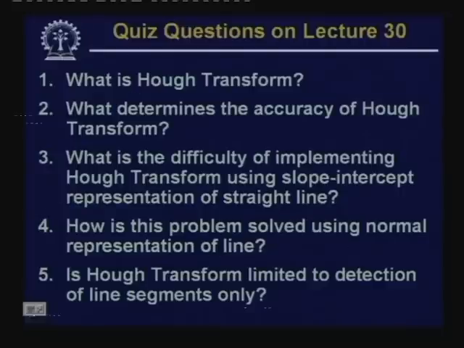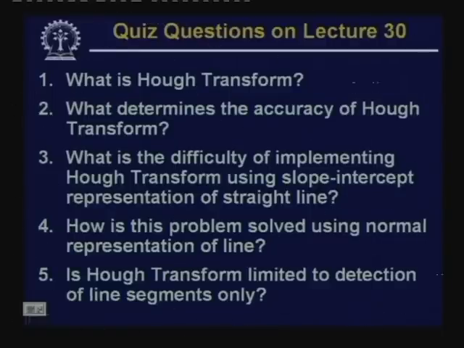And now, let us see some of the quiz questions on today's lecture. The first question is, what is Hough transform? Second question, what determines the accuracy of Hough transform?